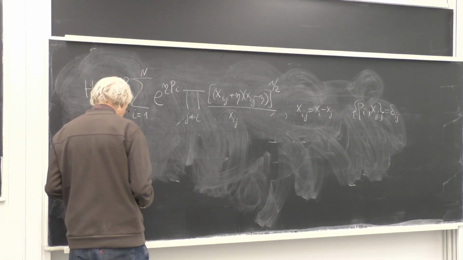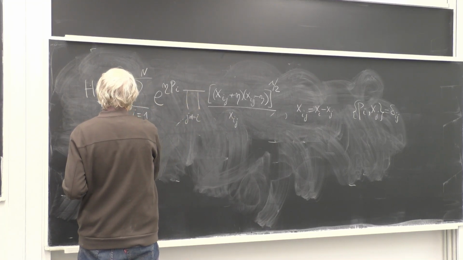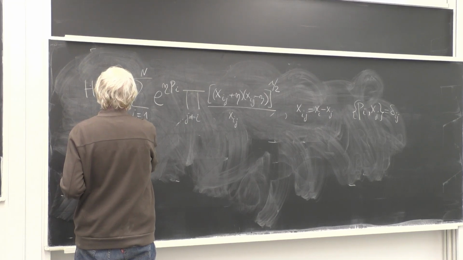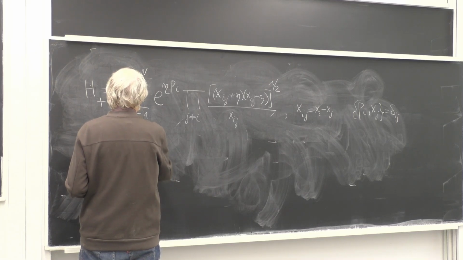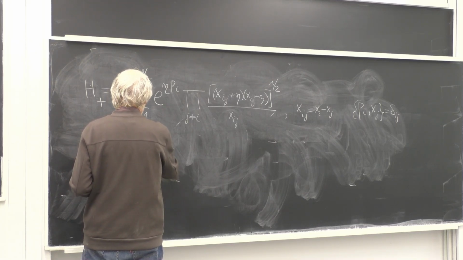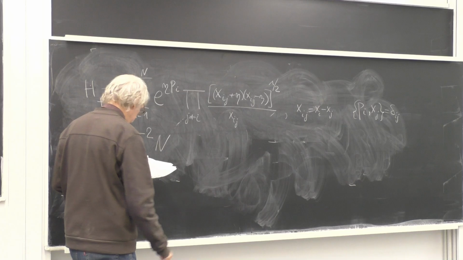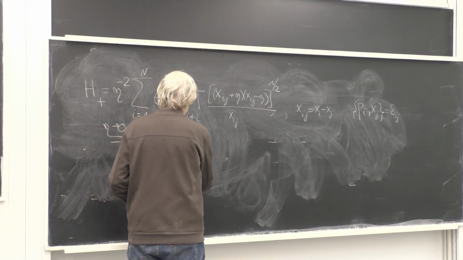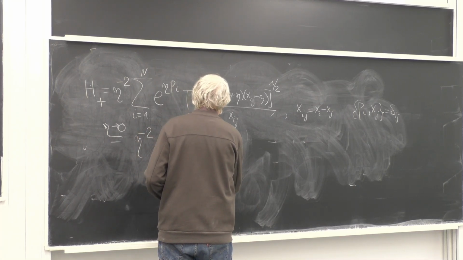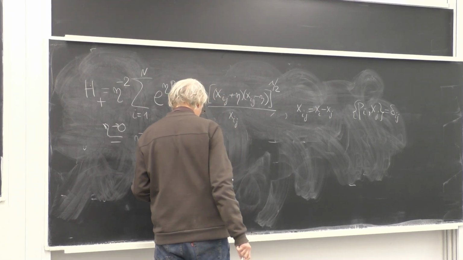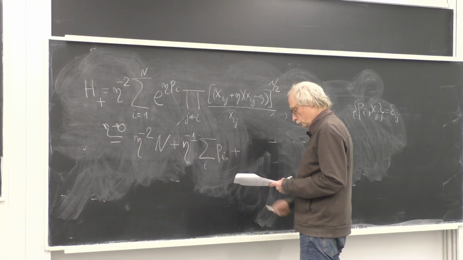And when eta tends to 0, we can extract the leading terms. And they are the following. So here the highest singularity is just a constant, plus the next two leading terms. This is the total momentum.